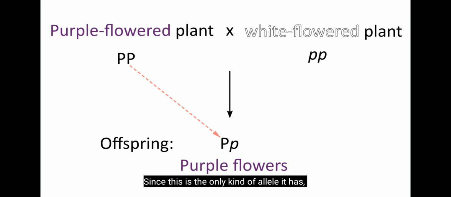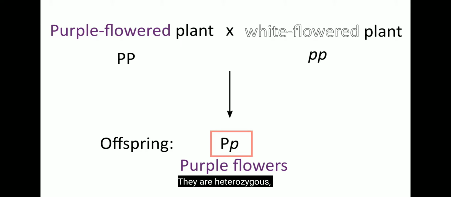Since this is the only kind of allele it has, it is the only allele it can pass on. The second plant passes on the lowercase p allele. All their offspring have one capital P and one lowercase p. They are heterozygous since they have two different alleles.